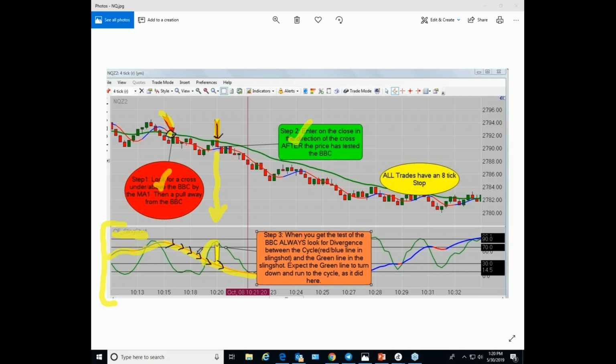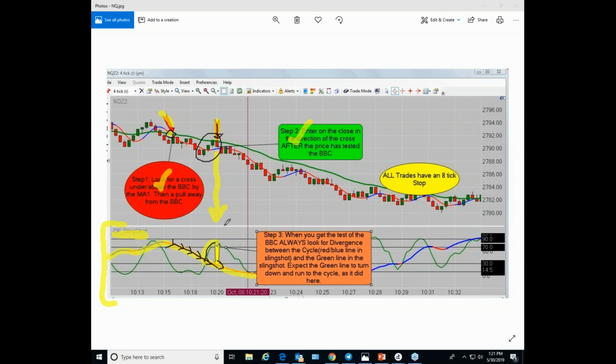Now a step further. The momentum is bearish here, right? That's what we just defined. Now this green line is pulling away from that cycle. The green line pulling away, along with this price action, is suggesting this is just an air pocket in this ongoing downtrend. That's why we're waiting for further proof with this down close.